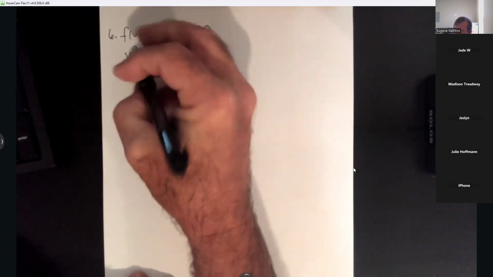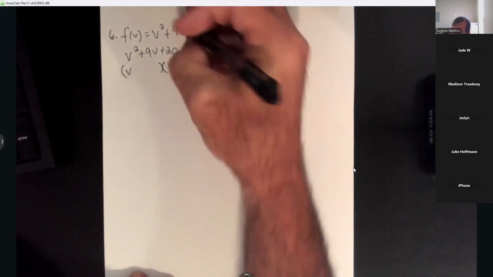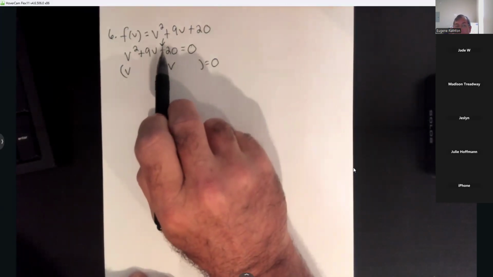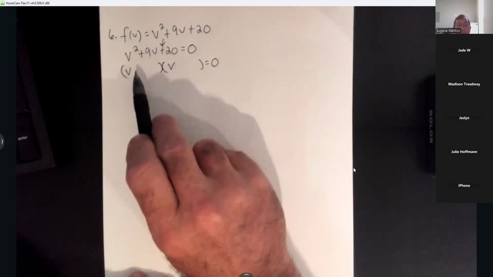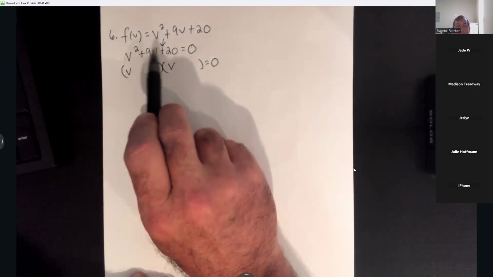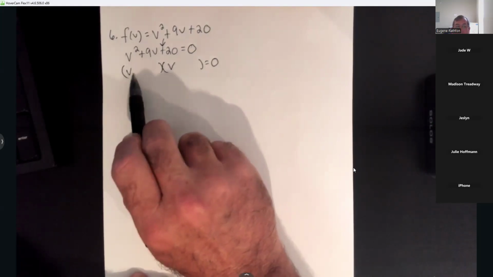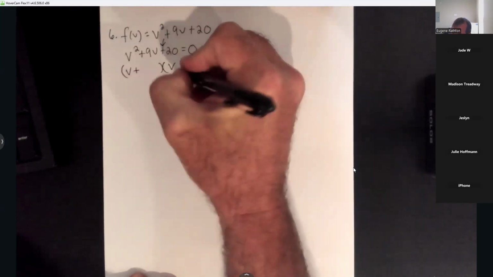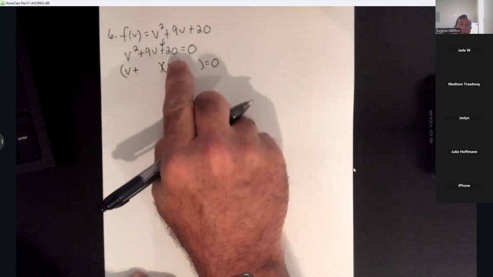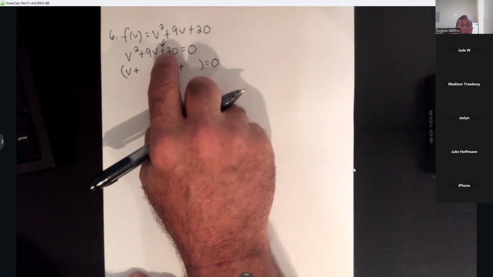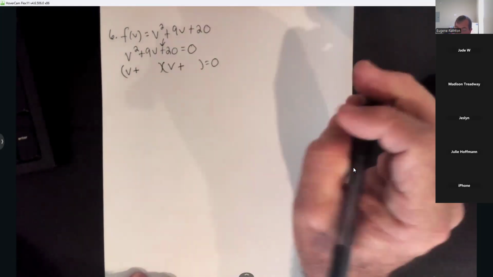All right, so v squared will be a v and a v. Remember, I said if this last number's positive, both of these factors will have the same sign as the middle number. So since that's positive, both of these factors will be positive like the middle number. Now, what I need for this, I need factors of 20 that'll add and get 9.